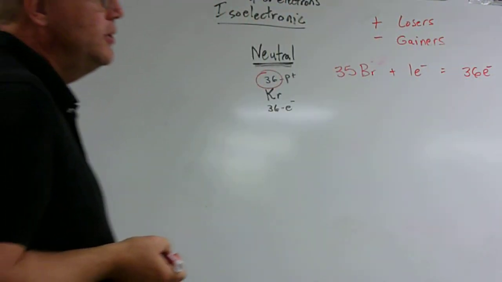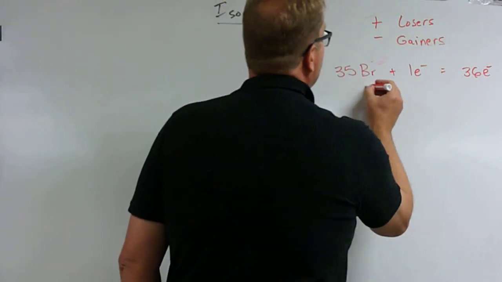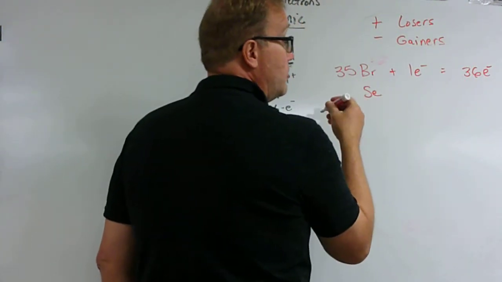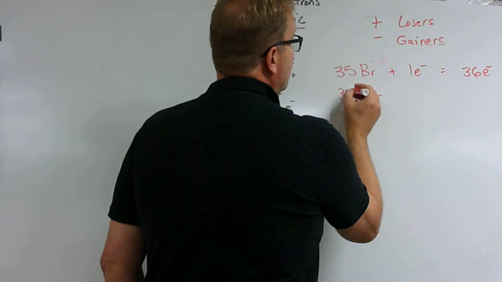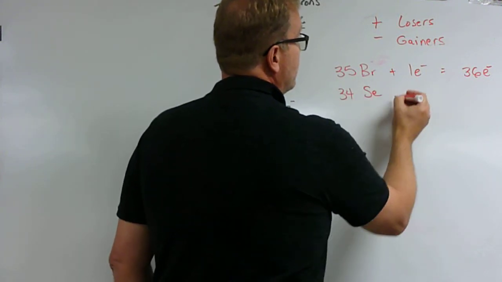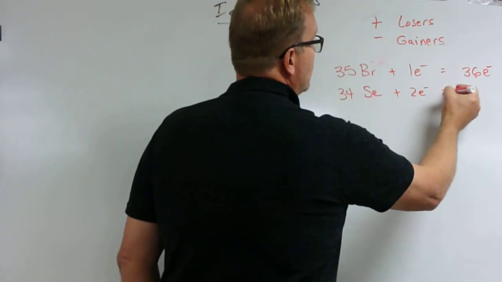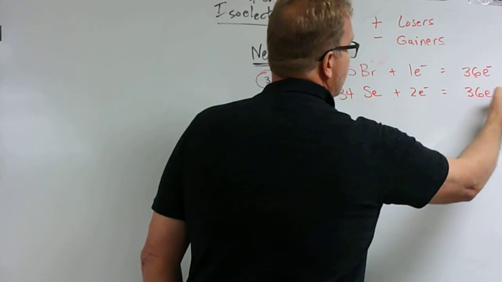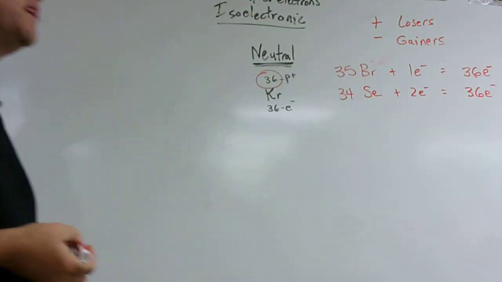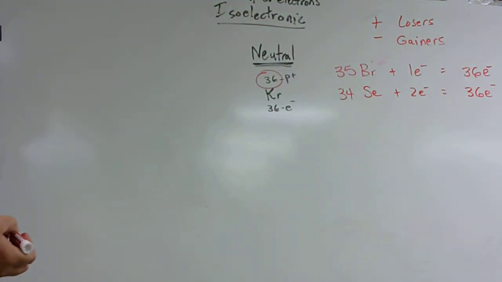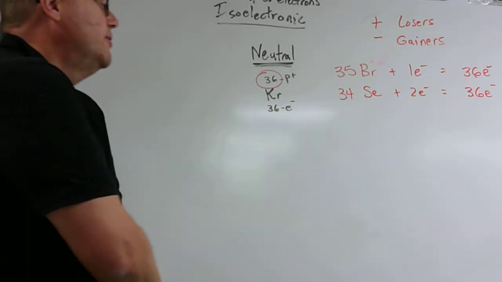Let's go to the next one, which is Se. You're going to see this is all pattern, which is really nice. How do I get to 36? I'm going to gain 2 electrons. That's equal to 36 electrons. You're also going to notice that on the right side of the periodic table, I'm gaining electrons to get to the noble gas.